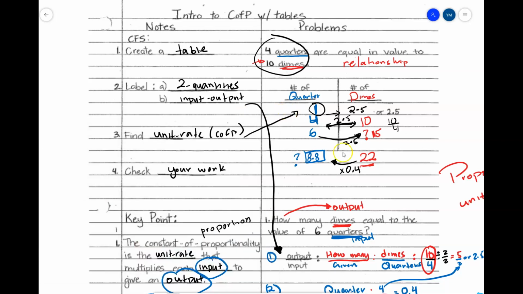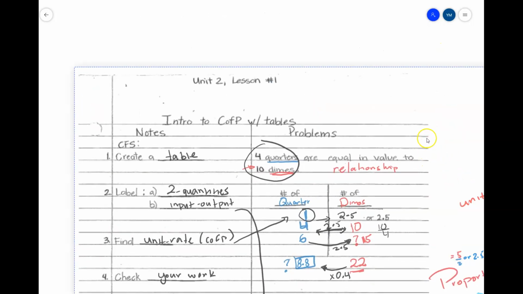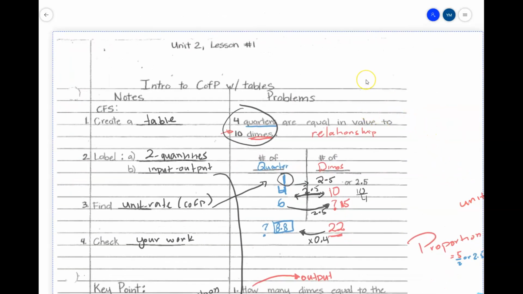Okay, so one more time, the relationship between scale factors and proportions is that you're taking something and multiplying it to get something either bigger or smaller.